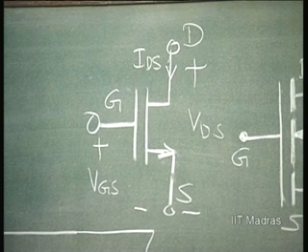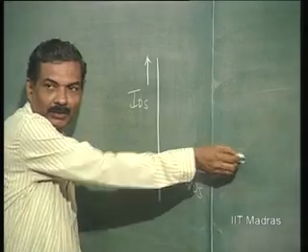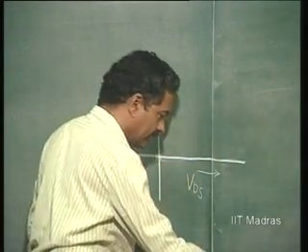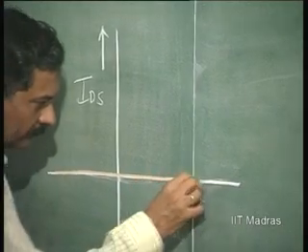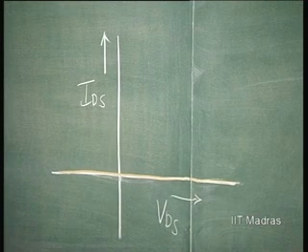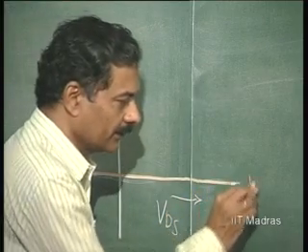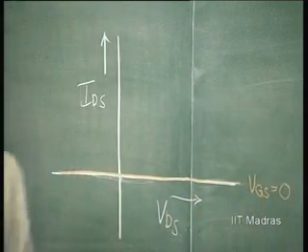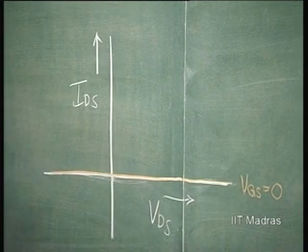Obviously, the resistance is infinity, that means there is no current, whatever be the voltage VDS. So, this is the characteristic curve for VGS equal to 0. So, for VGS equal to 0, this is the curve. No current.